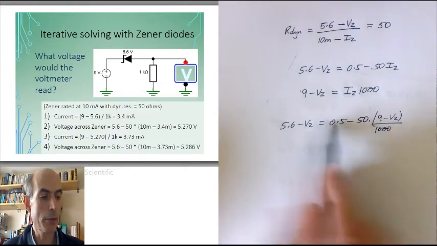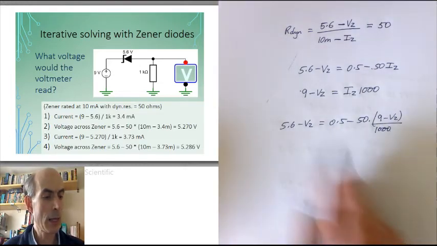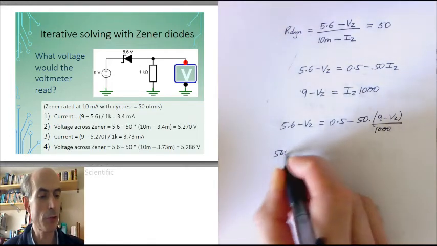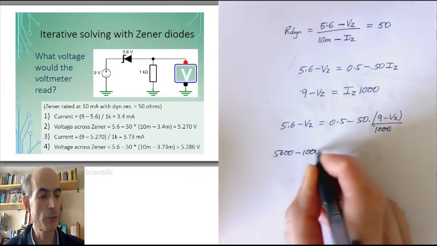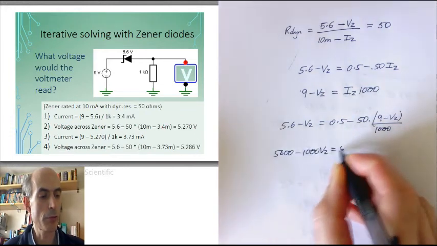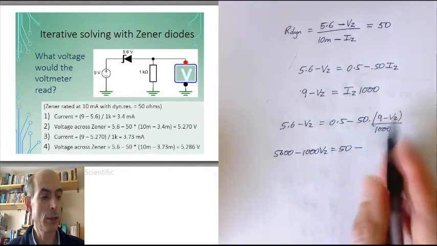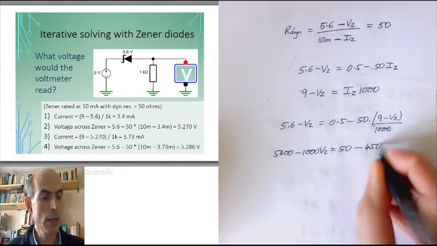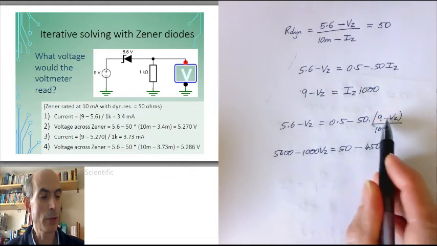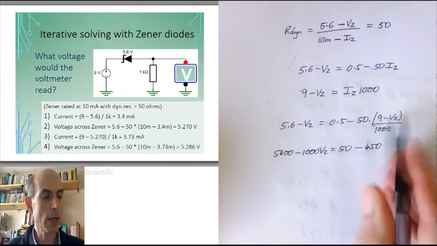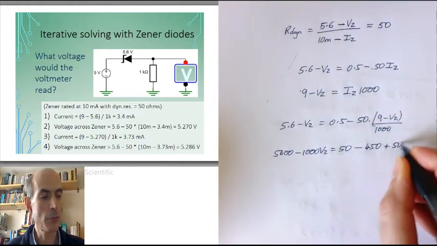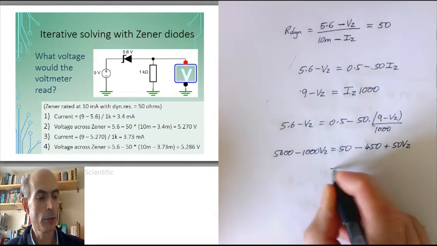Multiply up by 1,000, and we get 5,600 minus 1,000 times Vz equals 500 minus 50 times 9, which is 450. And 50 times minus Vz is going to give me a plus 50 times Vz. So collecting terms.